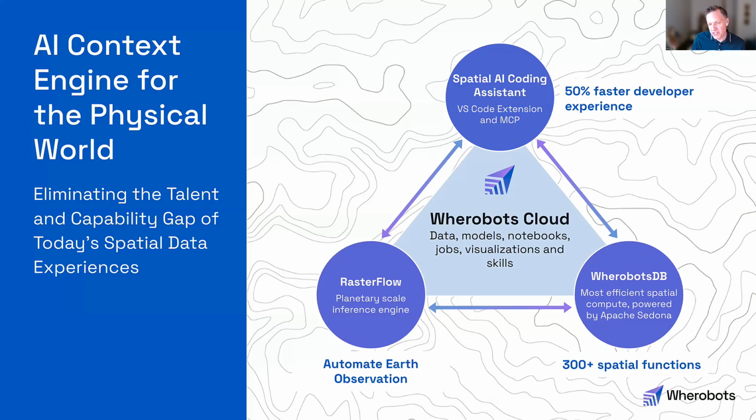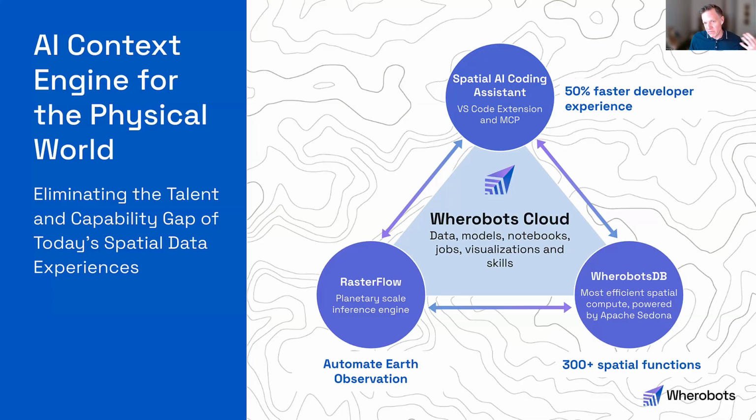And then at the end of last year, we introduced Rasterflow, which is a new capability we have to run planetary scale inference, helping you automate any type of Earth observation pipelines that you may want to deploy. And then recently, we've opened it up with our spatial AI coding assistant, trying to make it easier for agents, LLMs, or developers working with these tools to make use of these capabilities within their workflows.